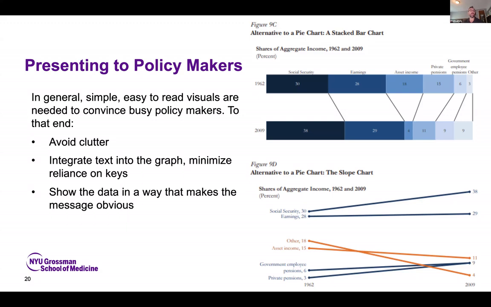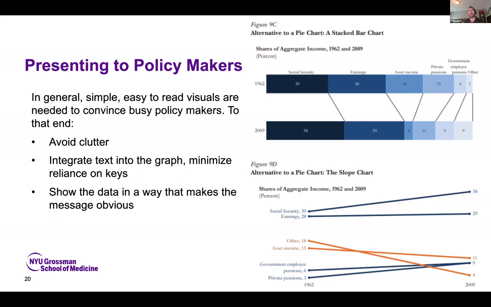And this individual really recommends focusing in on presenting simple information to the end reader. He comes from an economics background, so a lot of that's focused on the economic side. Some of the things suggested would be around avoiding clutter and integrating text into a graph. By that, I mean cutting down on the reliance on things like an external key or an external annotation.